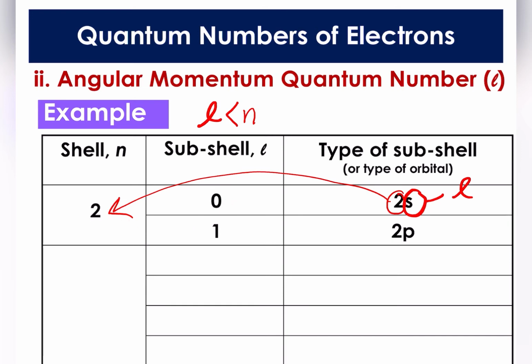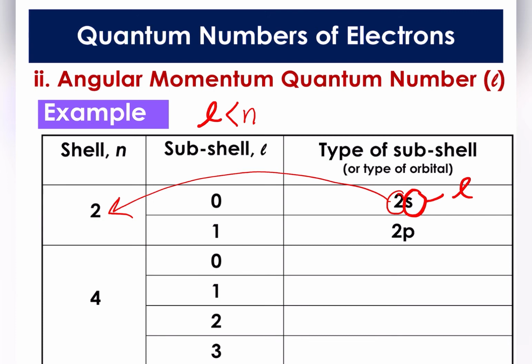Okay, next one. I have, for example, N equals to 4. So konsep yang sama, L mesti less than N. So I have 0, 1, 2, 3. So how to write the type of subshell?